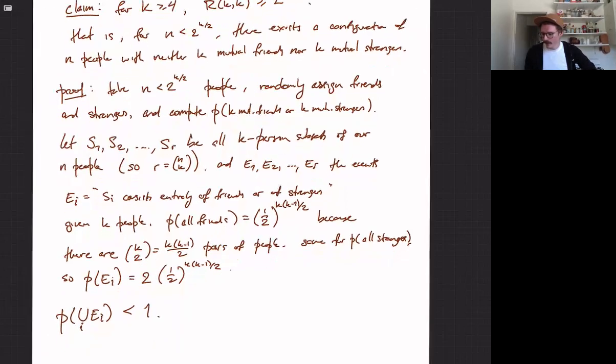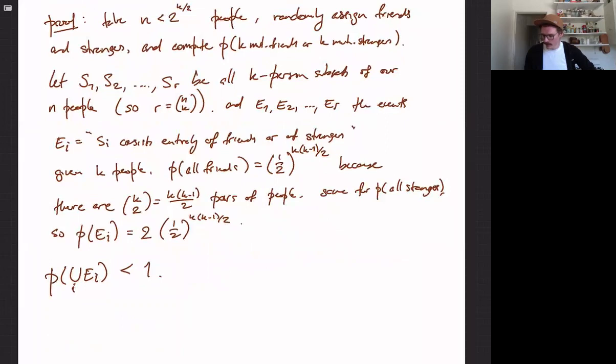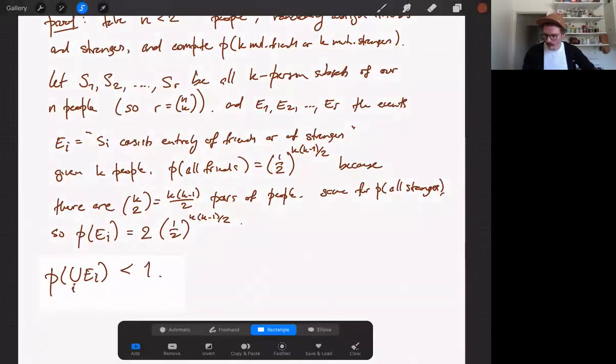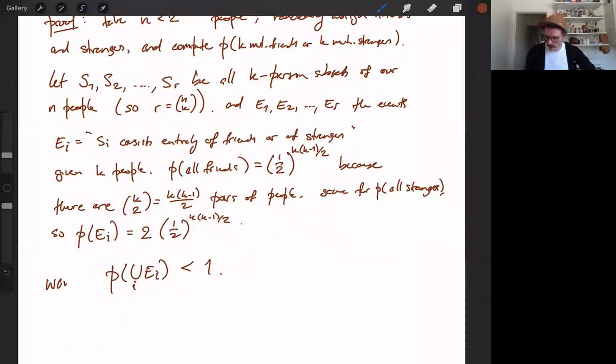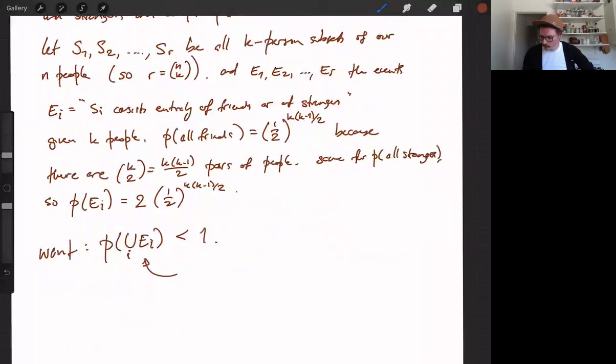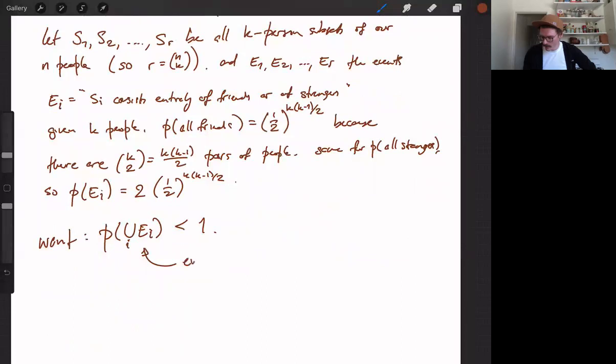Okay, so having taken stock of that, let me maybe write it down a little bit more clearly. Not the whole thing, but let me just say we want this. And I'll note also that this is the event that some subset of k people is all friends or all strangers.